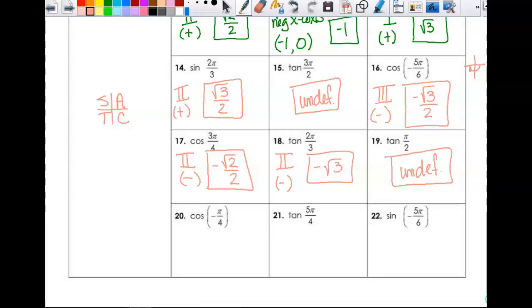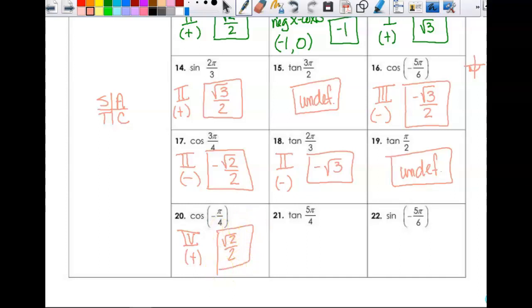Brenda again. Okay, it's in the fourth quadrant. Is cosine positive or negative in the fourth quadrant? It's positive. Okay, good. So then my answer is square root of 2 over 2. You got it. Good job.